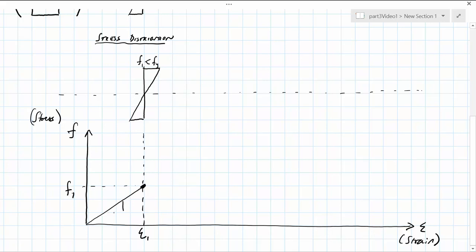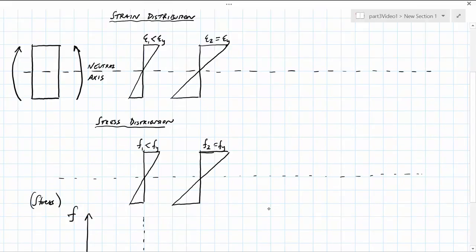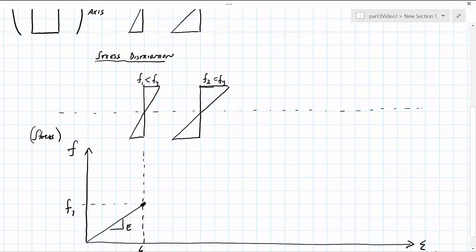The slope of this line is the Young's modulus, or modulus of elasticity. If we increase the strain to epsilon 2 and say that this is equal to the yield strain, then the corresponding stress will be F2, which is equal to the yield stress.